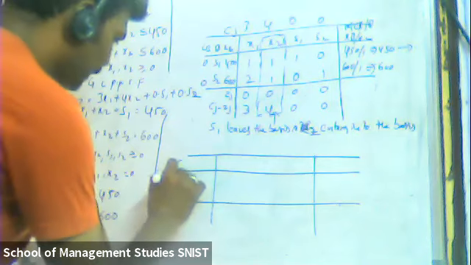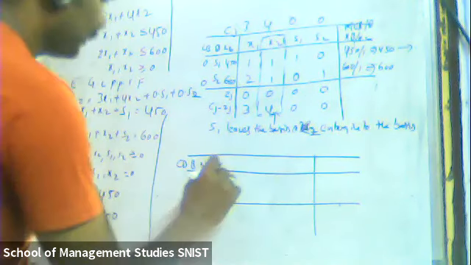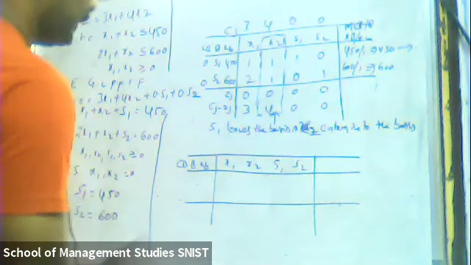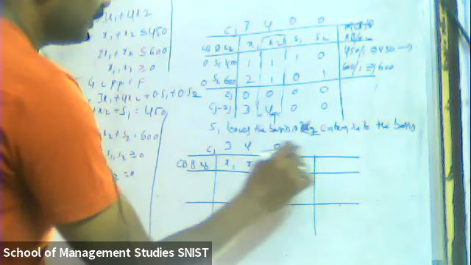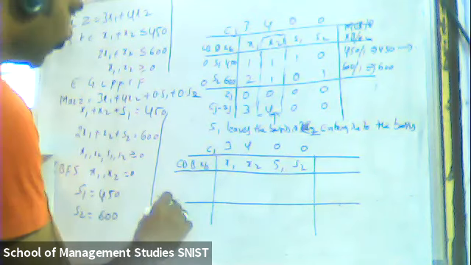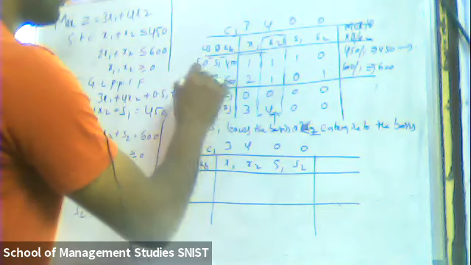Okay, so CB, B and XB, X1, X2, S1, S2, CJ, 3, 4, 0, 0, right? So now, this is the key row.